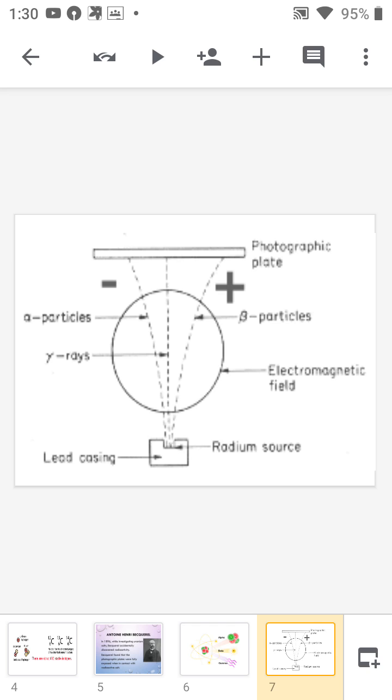And some of the radiation deviates towards the negative electric field, and we call it an alpha particle, and we know that the alpha particle is the helium nucleus. And some of the radiation does not deviate towards either the positive or negative charge and goes straight towards the photographic plate, and that radiation we call gamma rays.